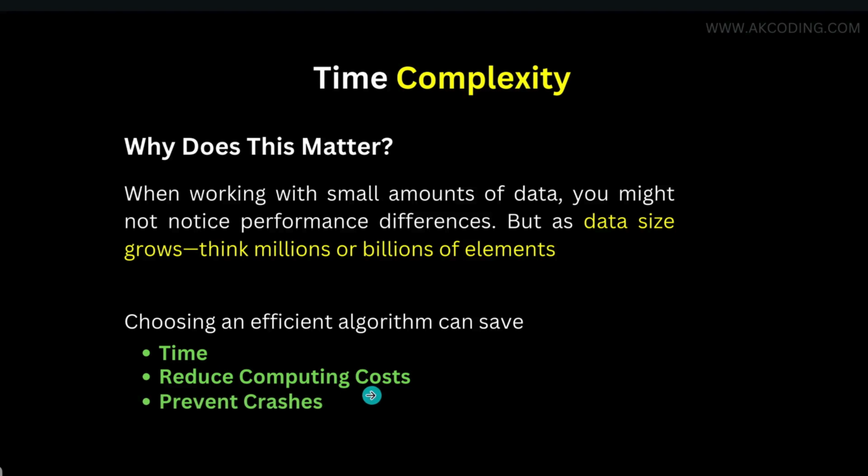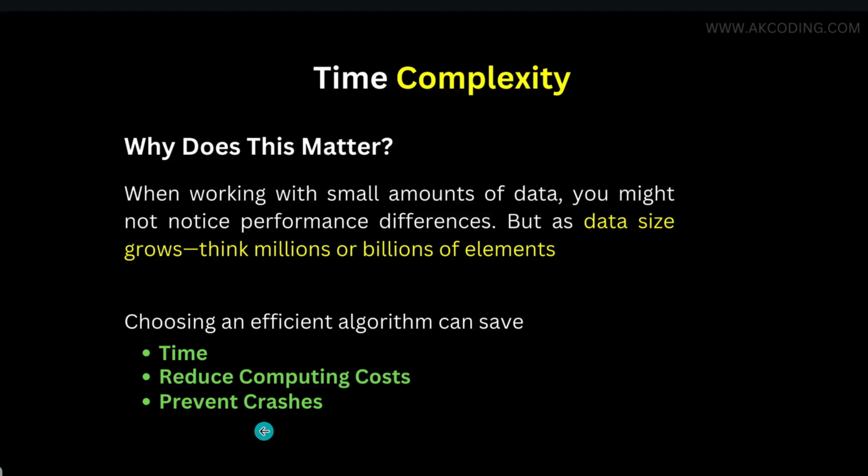Number three, if your program is in a more optimized state where time and memory usage are low, then the possibility of a crash, such as out of memory, is reduced.